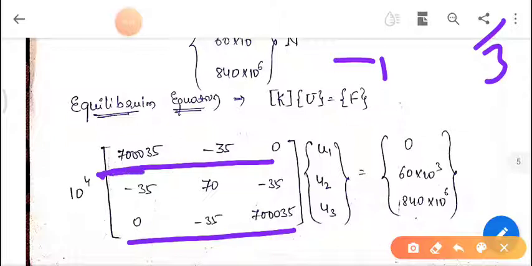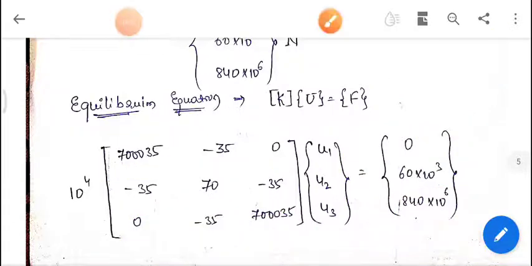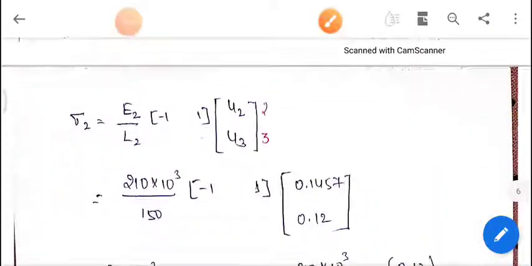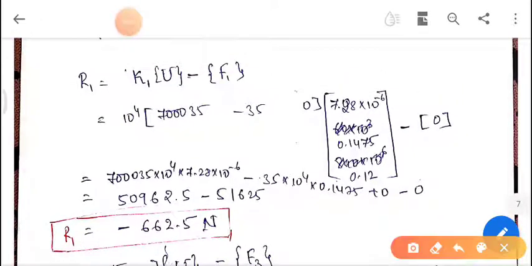If you multiply this row with this column, which is equal to 0, and if you multiply these elements with the displacement, which is equal to this, we will get the reaction forces. It is very easy. If you go through, you will understand. These are the first row elements of the global stiffness matrix.